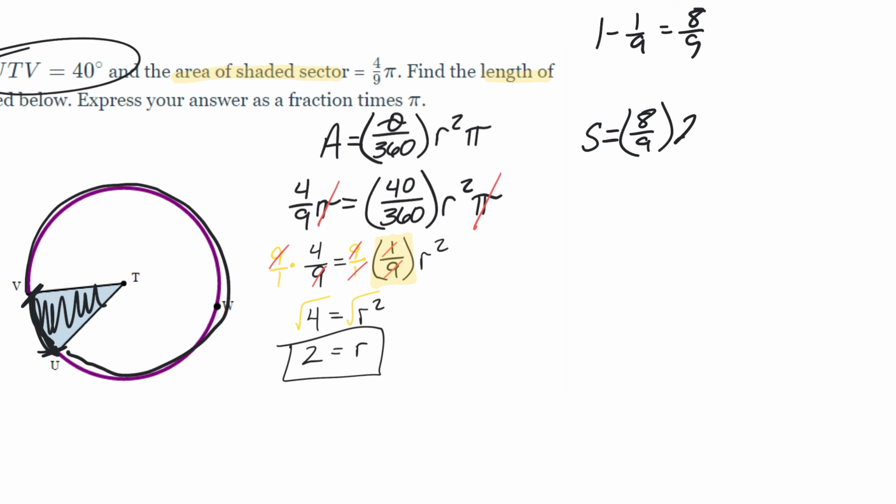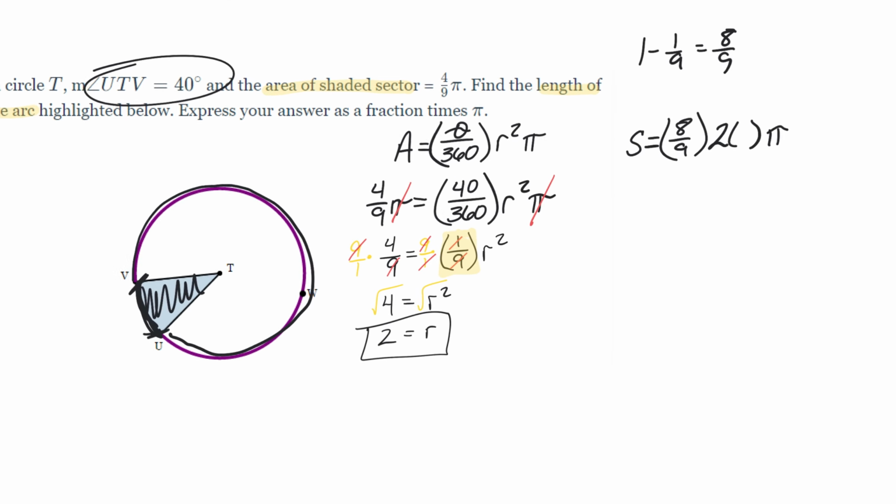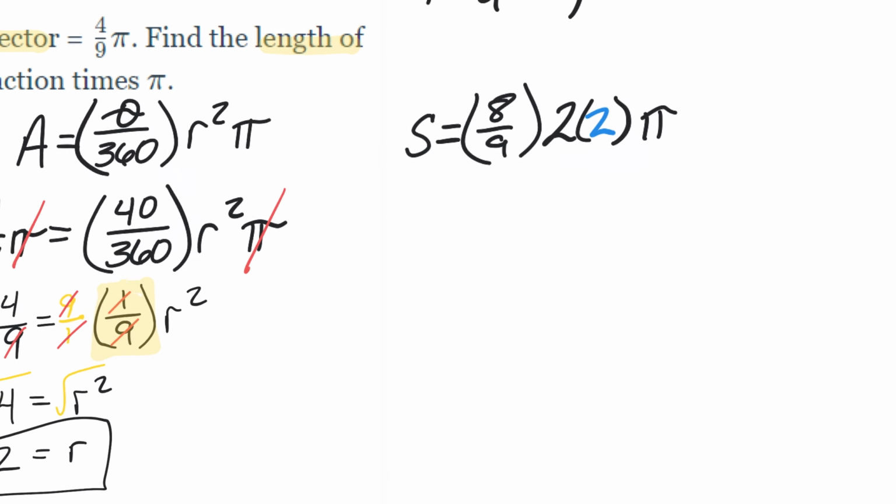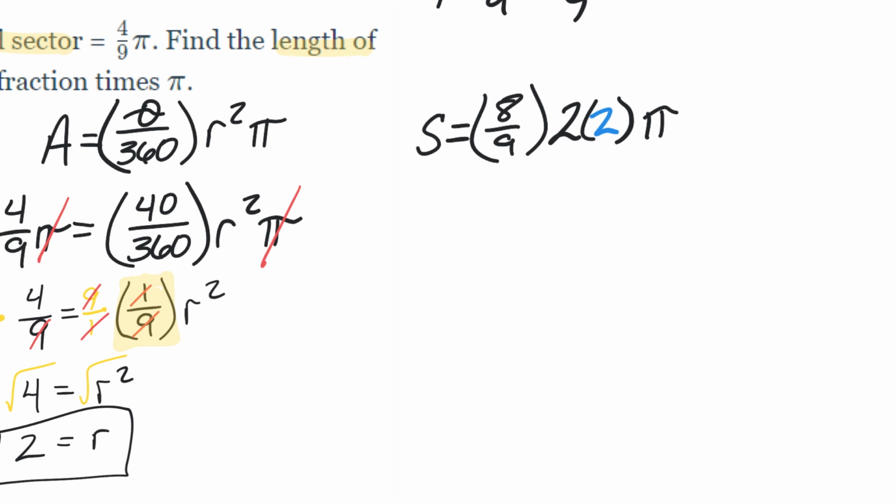And the formula is 2 times the radius times pi. Well, the radius has not changed. We just solved the radius to be 2. So we are going to plug in the radius of 2. We were asked to answer in terms of pi.